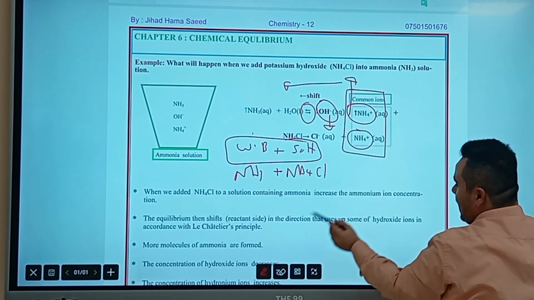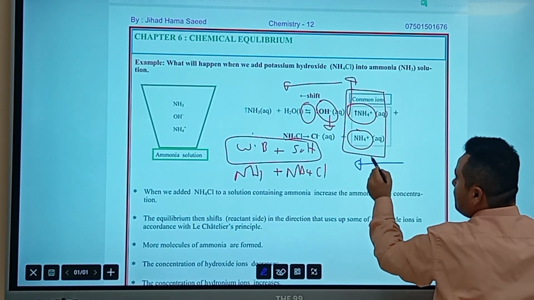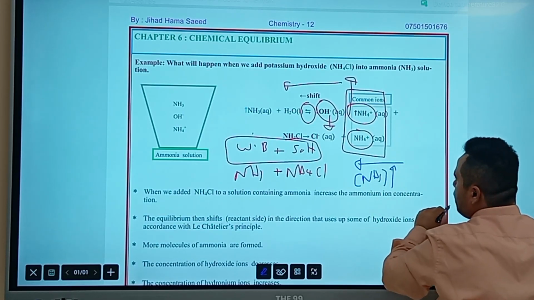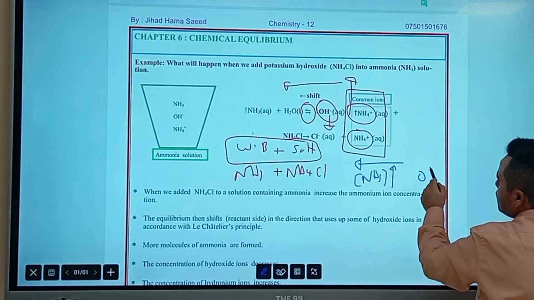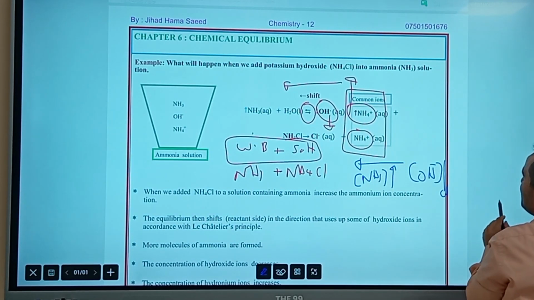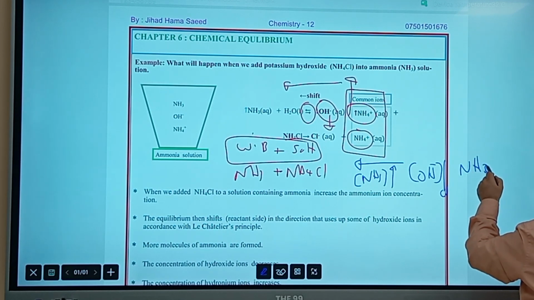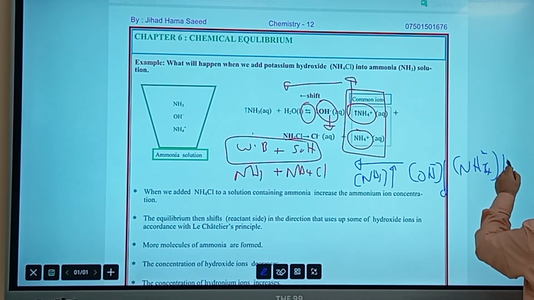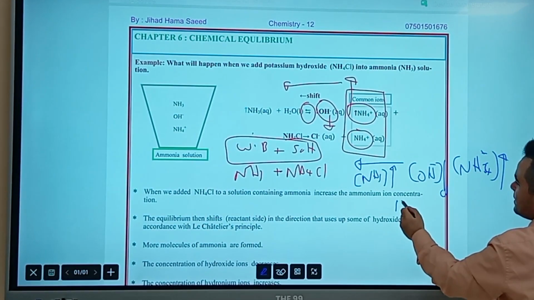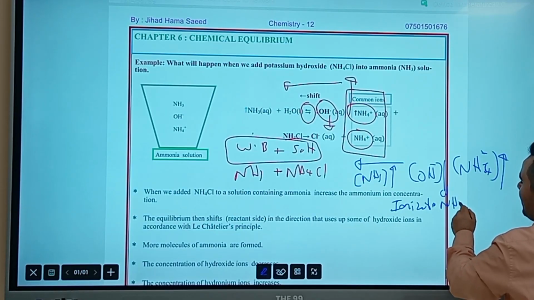In this case, guys, when the reverse is favored, what will happen to the concentration of ammonia? Increase, of course. What will happen to the concentration of hydroxide? Decrease. Why? Because there will be consumption of hydroxide. The NH4 positive concentration increases, and then what will happen to the ionization of ammonia?